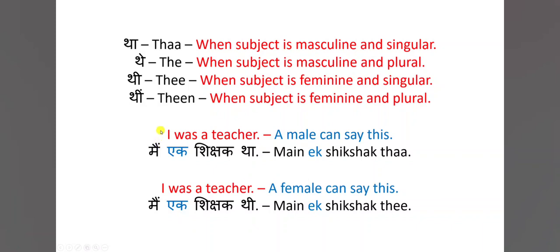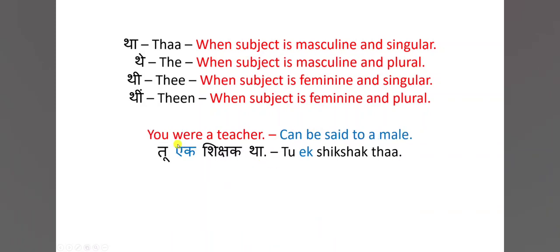Okay? So according to the gender and the number of the subject, we select any one of these 4. Alright? We can leave this out. Ek. We can leave this out and just say मैं शिक्षक थी.